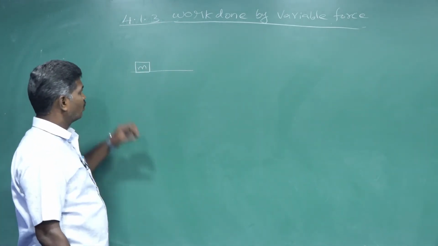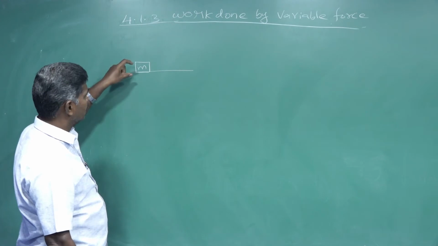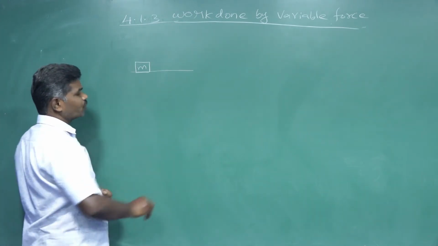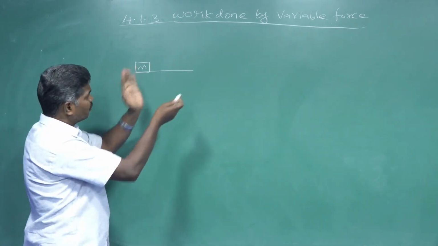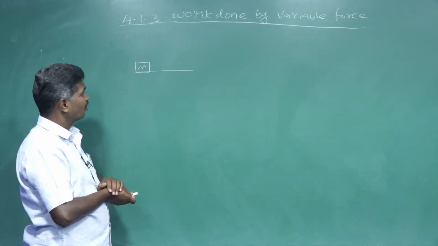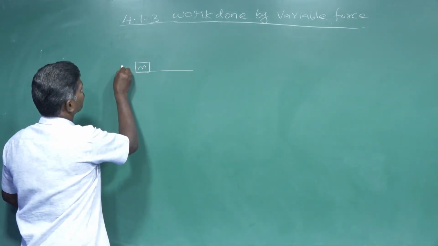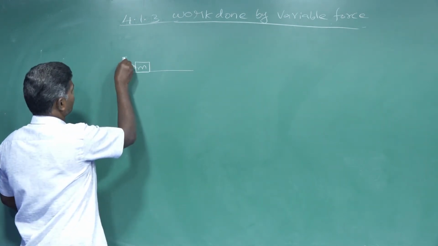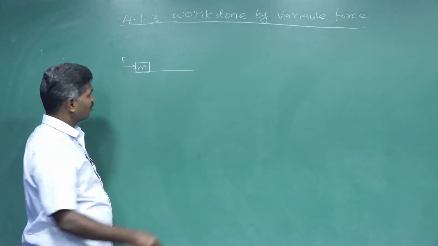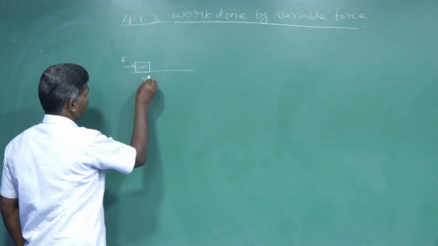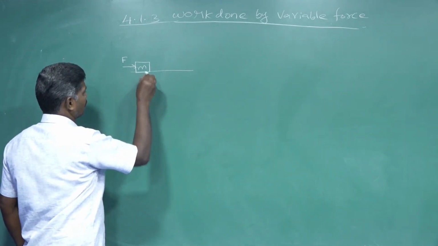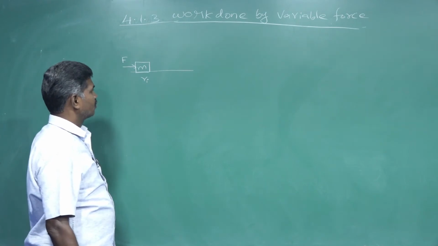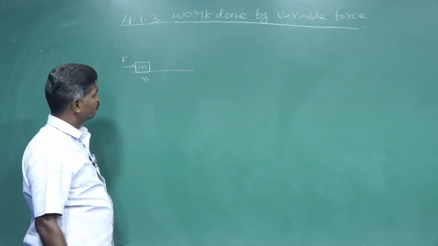Suppose I want to move this object from this initial position to some other position. For that purpose, we want to apply a force. The force we may represent as a capital F. Their initial position is represented as Ri.